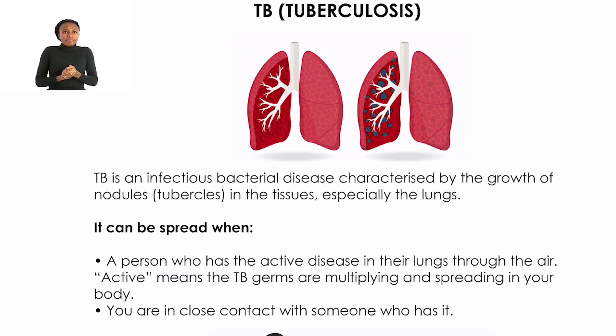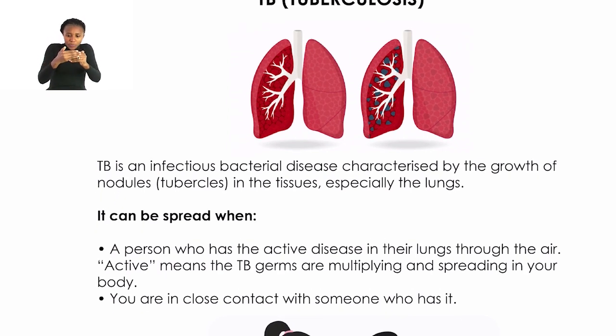How is TB or tuberculosis spread? It can be spread when a person who has the active disease in their lungs spreads it through the air. Active means the TB germs are multiplying and spreading in your body. Or it can also be spread when you are in close contact with someone who has the disease.